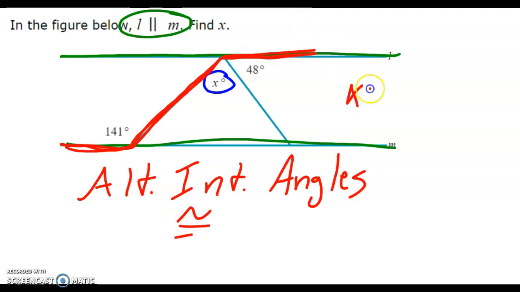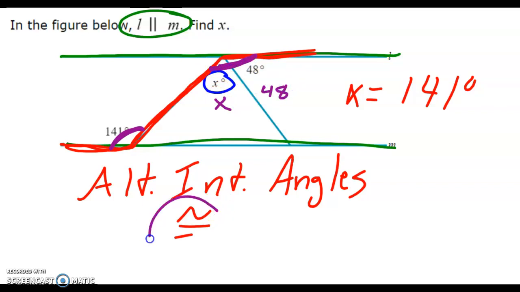So then some of us, really knee-jerk reaction here, are going to say that x equals 141. Not so fast. The alternate interior angles are that 141 and this whole thing. Be careful. That whole thing, the combination of x and this 48, are what's going to be congruent to your 141.